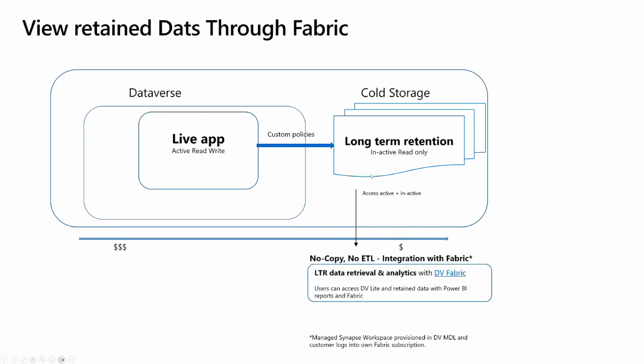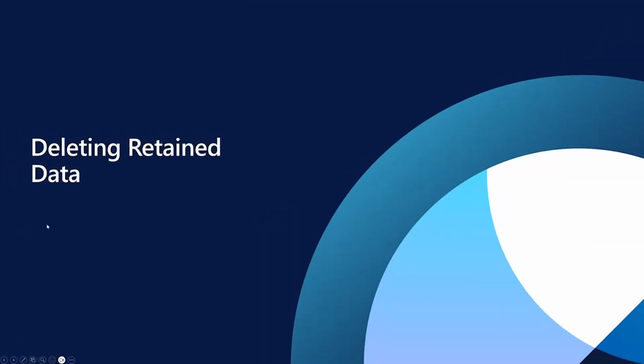From cold storage, once you enable Fabric, that's when this will be available through Fabric. We will not copy this cold storage or retained data again. There is no copy, no ETL, as it is already available in Fabric, and you can access this data easily through Power BI or through SQL with that data state. Over to you, Gibran, for deleting retained data.